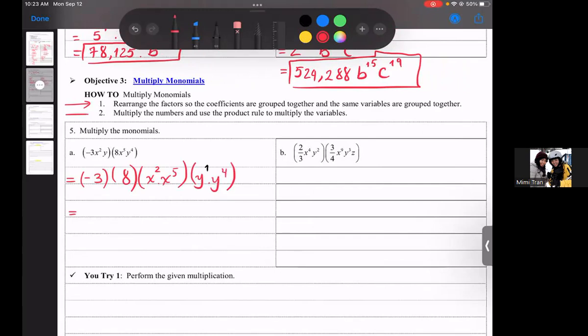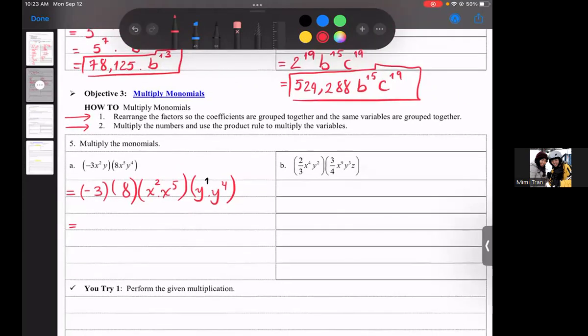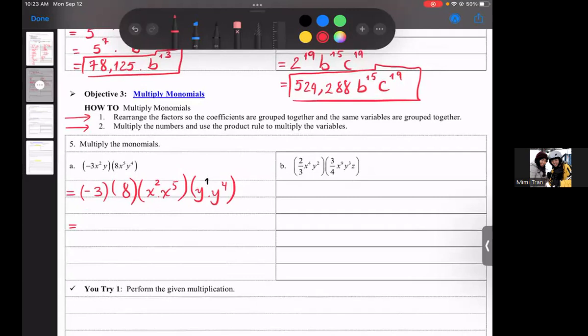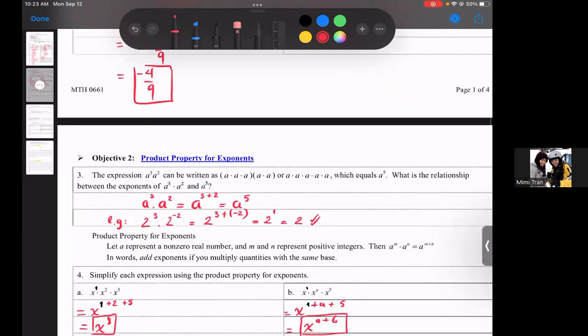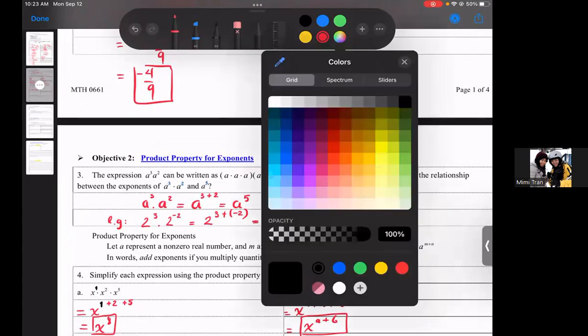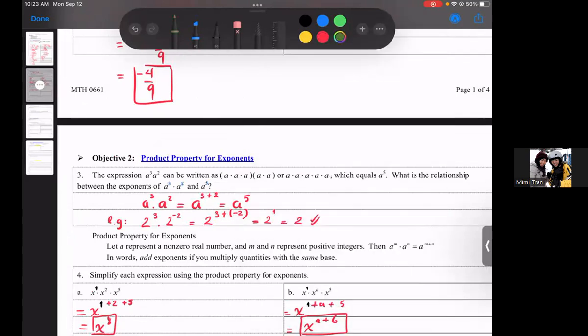The second step is to multiply the numbers and use the product rule to multiply the variables. Let me go back up here a little bit. I forgot to tell you what rule it is. I write in dark green. These you need to remember for the exam.